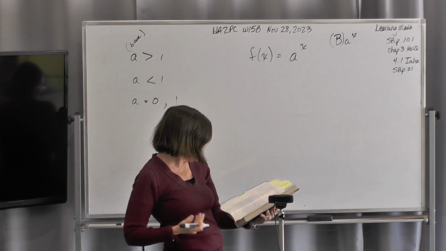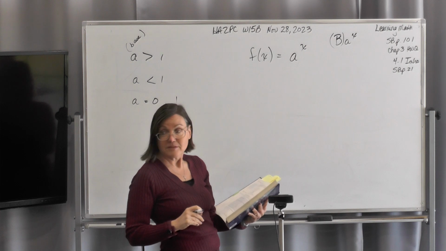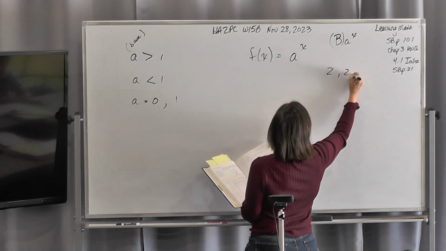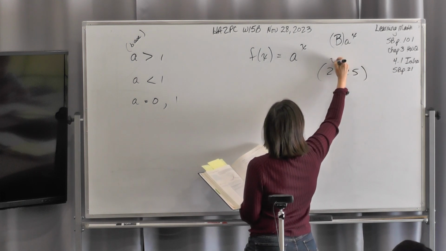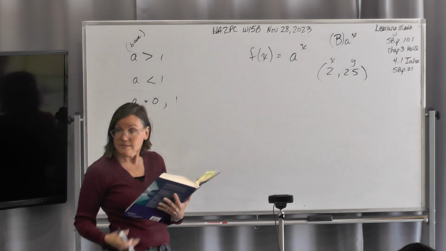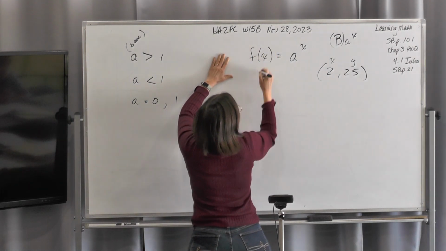How can I use that point (2, 25) to figure out the base? Well, (2, 25) is an x and a y. What we're solving is, this is the same as a y.